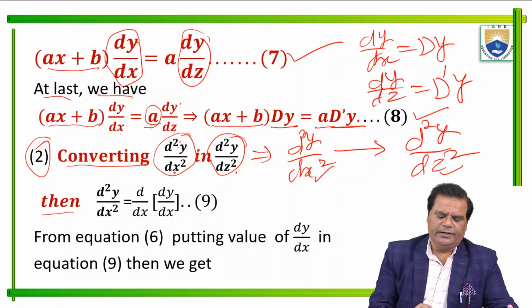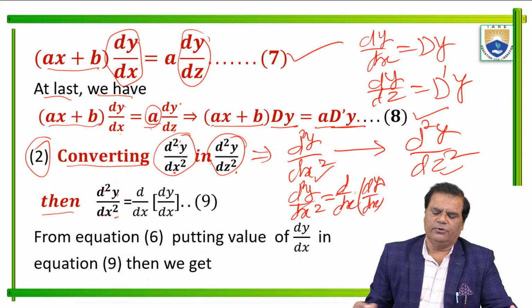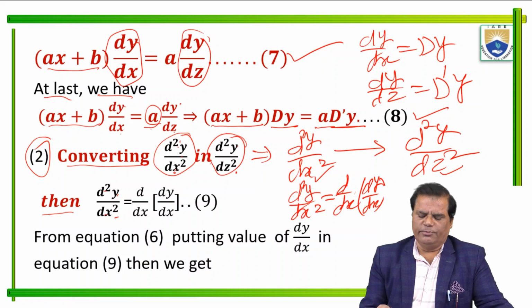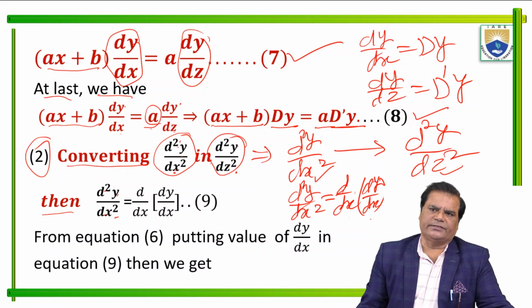Now d2y over dx2, we can write this as d over dx of dy over dx, that is, differentiation with respect to x of dy over dx.